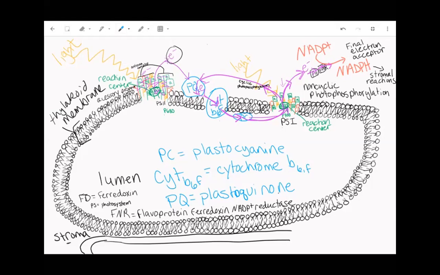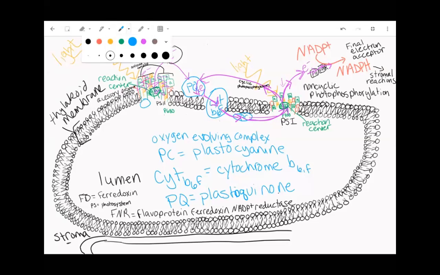So there's another piece to photosystem 2, and that is called the oxygen evolving complex. And as the name suggests, during this process, we're going to get oxygen out.